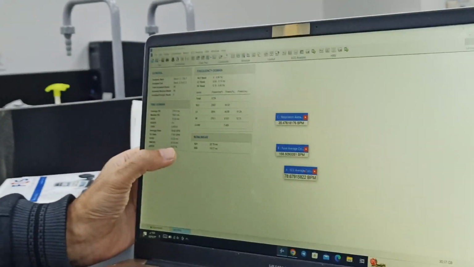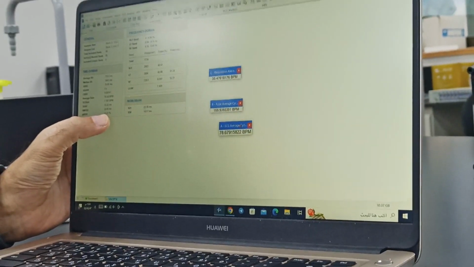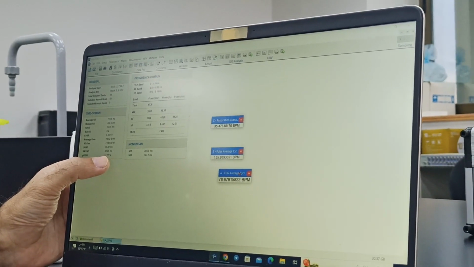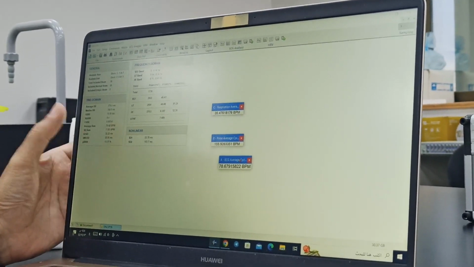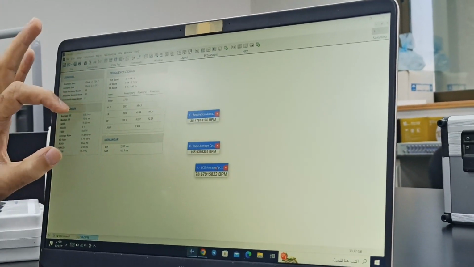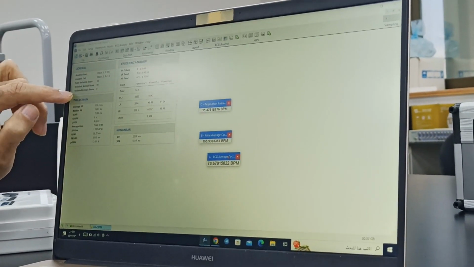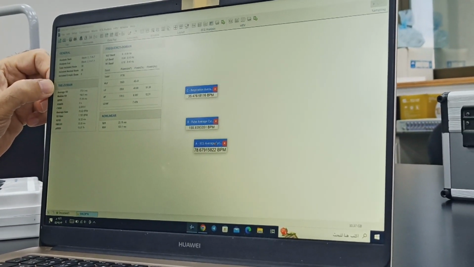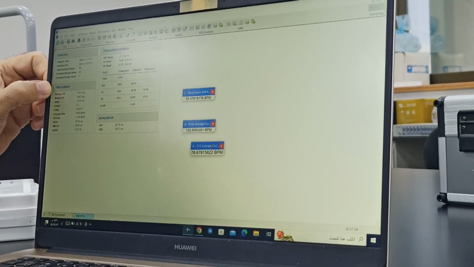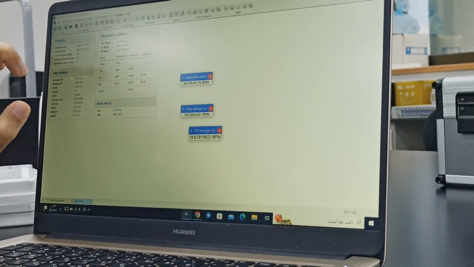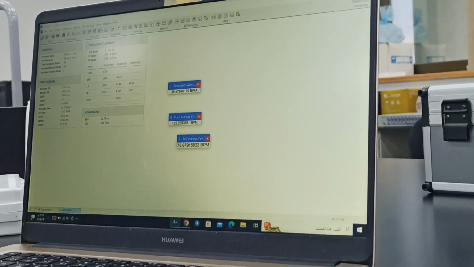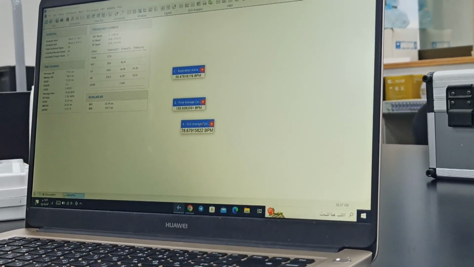So here we have about 13% of the total beats showing a difference of more than 50 milliseconds from the previous one. All these calculations are under the main heading of time domain parameters, and these basically indicate how much is the activity of the parasympathetic system.